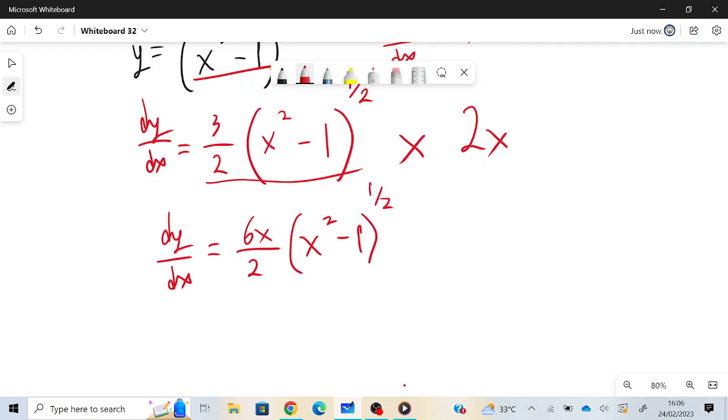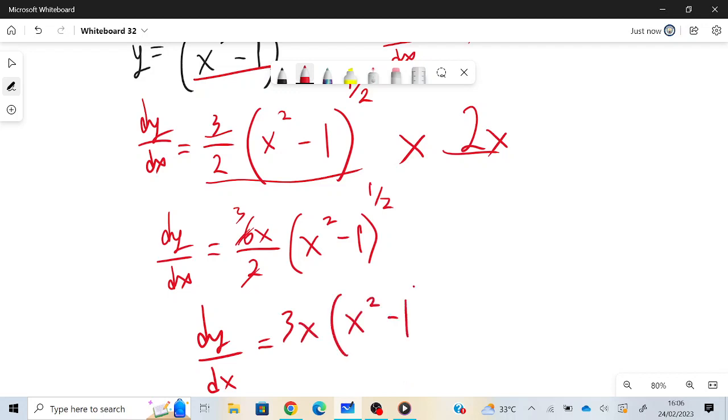Where did I get the 6x from? Because 3 times 2x gives you 6x, and it's all over 2. So 6x over 2, you can cancel this out to 3. So this becomes dy/dx equals 3x into (x squared minus 1) to the power of 1 over 2.